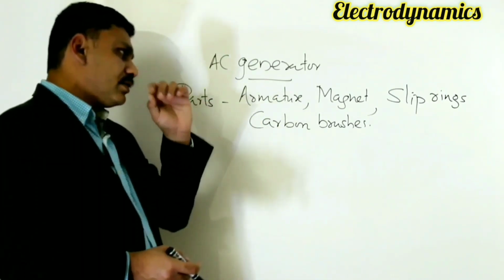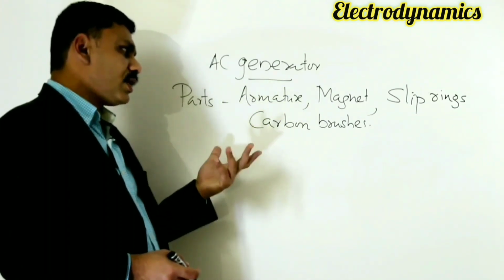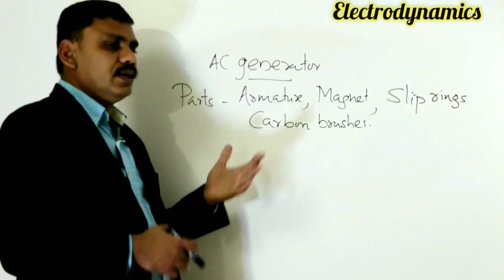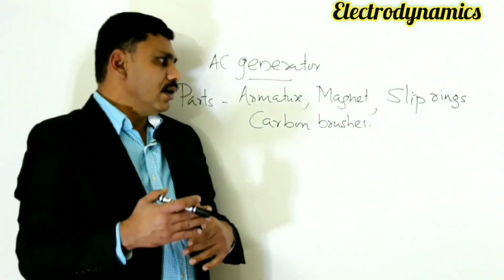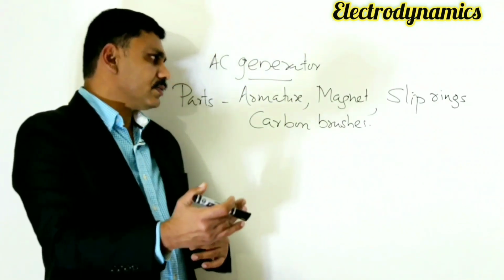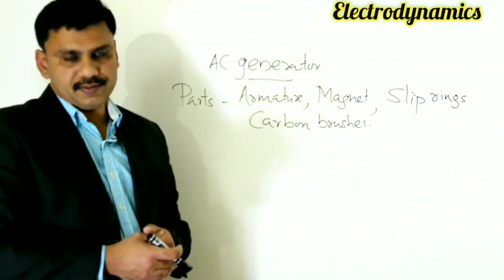So slip rings, what is the function of slip rings? Slip rings allow the change of direction of current.